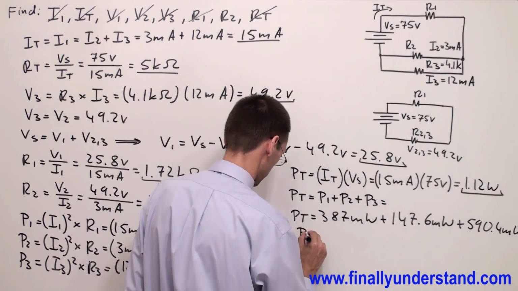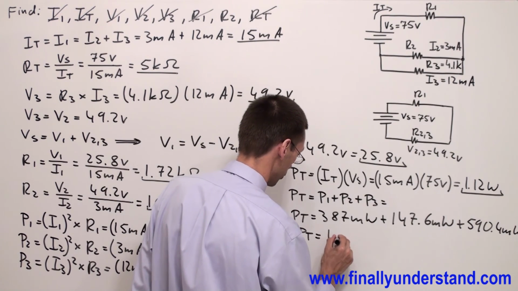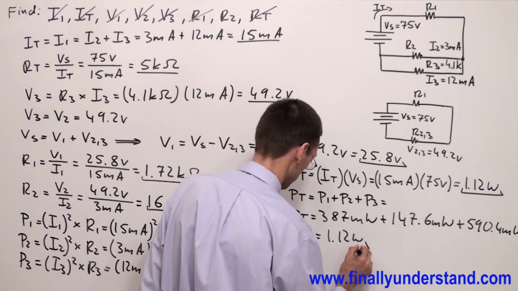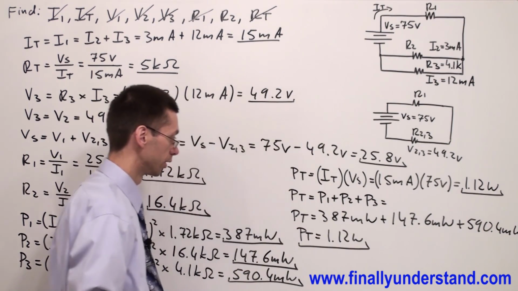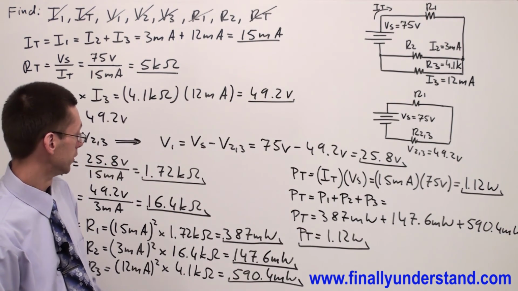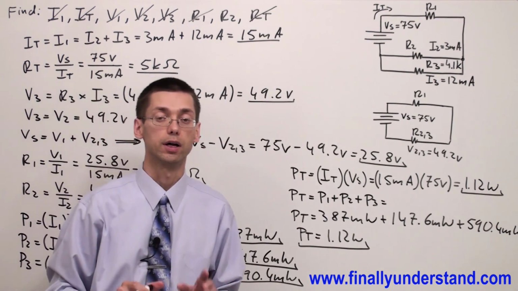So P total is equal to 1.12 watts. So this is the proof that we solve the problem and all our answers are correct.